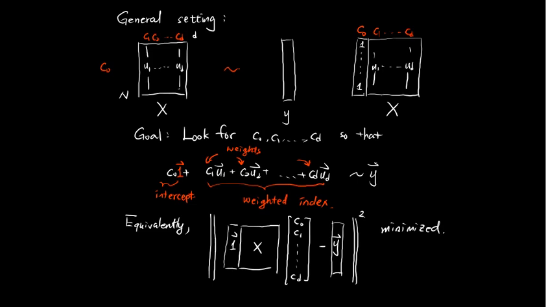Okay, so that's really the theory behind the scene, or the philosophy about linear regression. We're looking for some weights, so that the features are weighted, and then with some intercept, the result will be very close to the outcome. Sometimes these weights are also called coefficients.